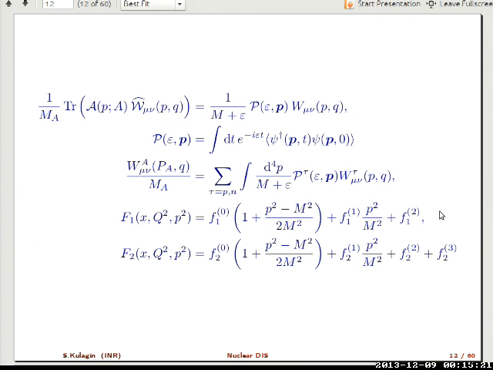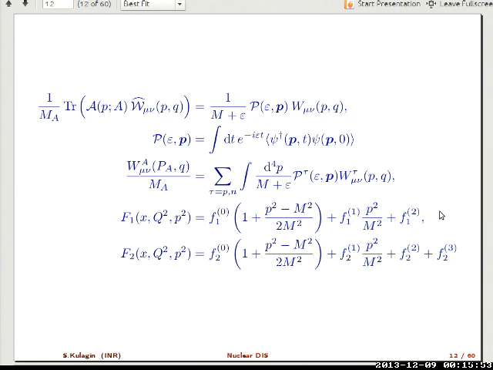And this hadronic tensor is proportional to the correlator of nuclear fields, in which you would recognize the usual spectral function.